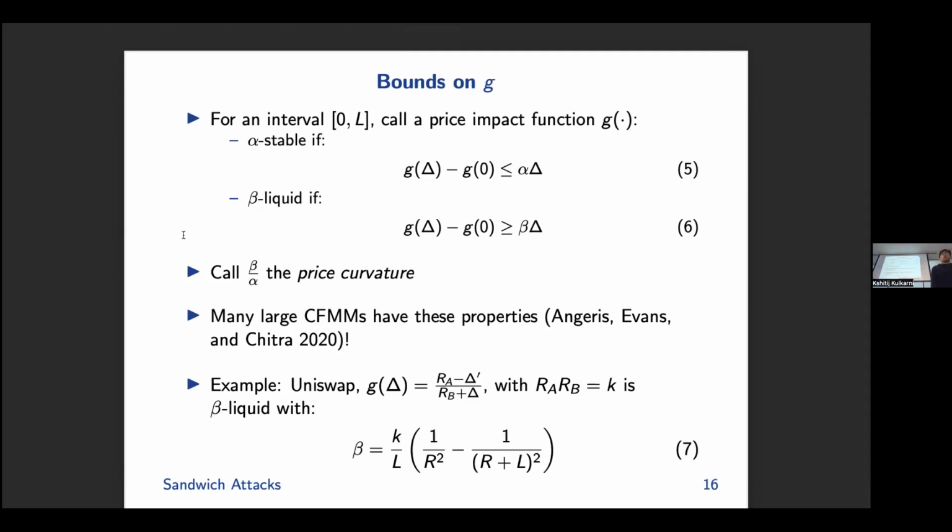And the other thing is many large CFMMs that are used in practice actually have these properties. For example, for Uniswap you can compute what these constants beta and alpha are. Of course, these are all bounds that are local in the sense that they're defined over an interval, for a trade of size delta that lies between 0 and L here.